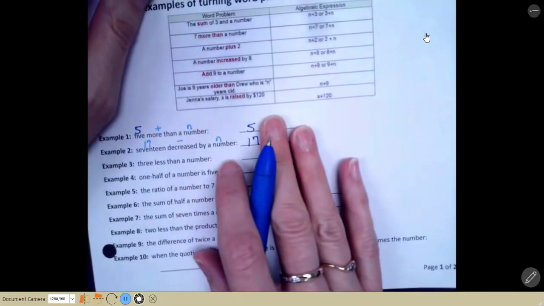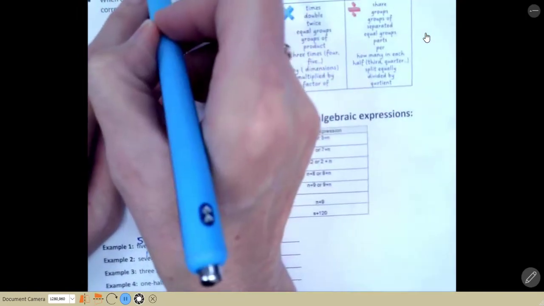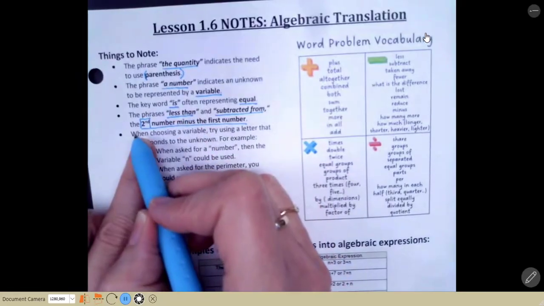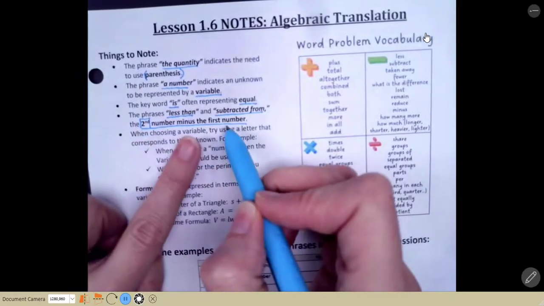3 less than a number is an exception. Remember up here, we said less than, that means the second number is going to come first. So anytime you see less than, your second number will be minus the first number.